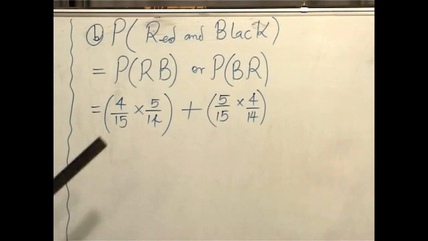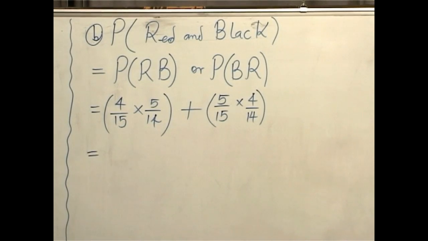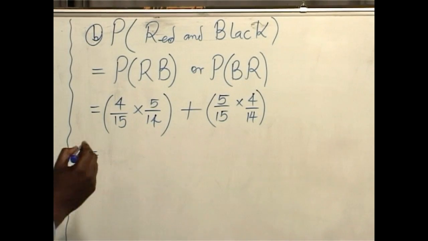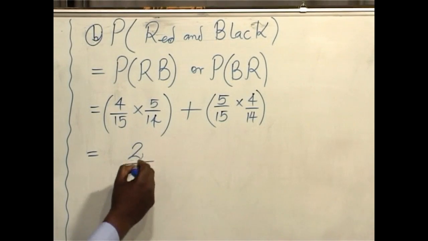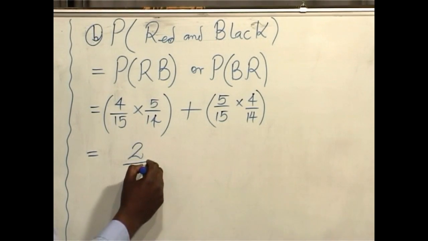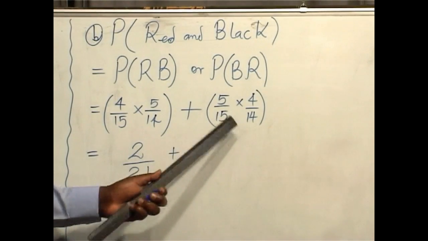You will recall that this is actually what we found in part A. And the answer in part A came out to be 2 over 21 plus. We need just to work this one out.